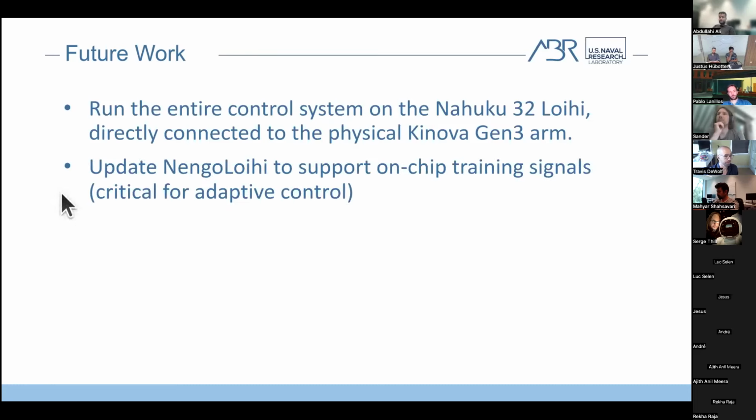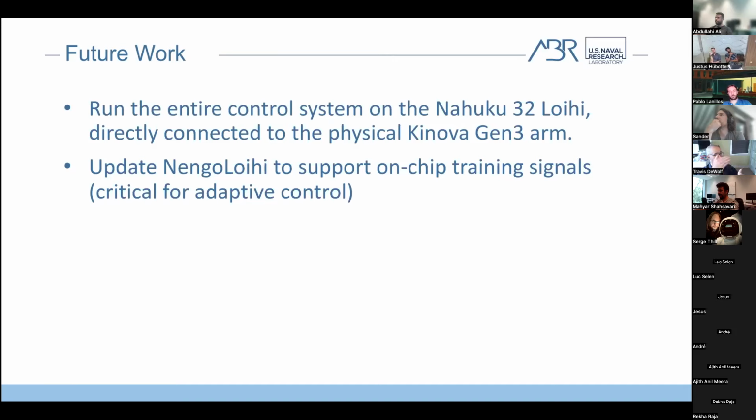You may have noticed I didn't talk about adaptation running on the Loihi board, and that is because a couple of issues crop up. I played with this for a long time trying to get it to work, and it's just too noisy. Part of the problem is that when you connect in training signals, Loihi needs the training signal to come from off chip, but the training signal is actually generated on chip.